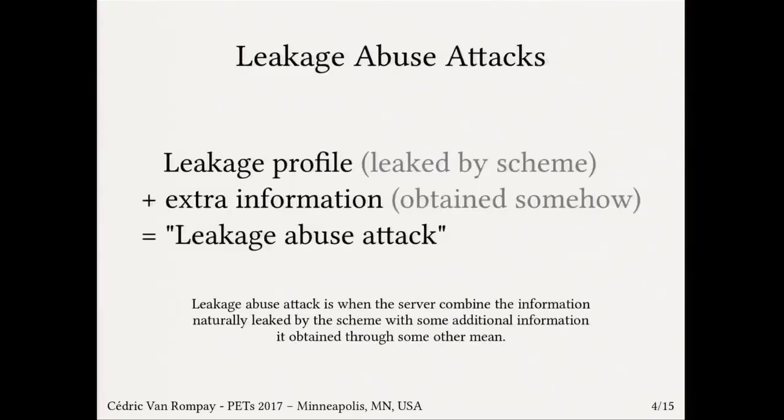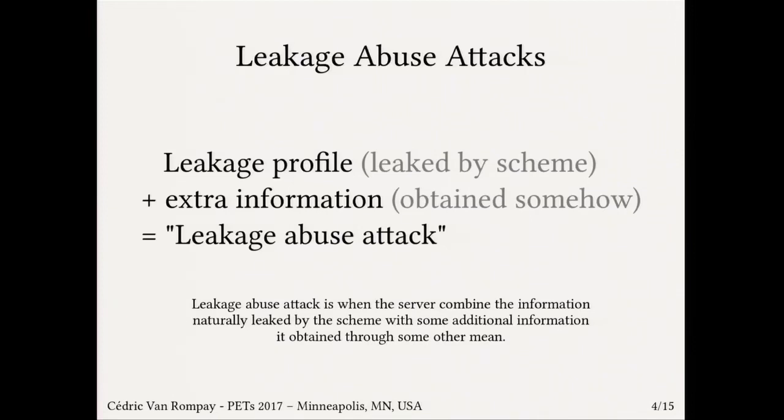The attack that we present is what we call a leakage abuse attack. The term was coined by Cash et al. in their paper at CCS 15, and I'll often refer to this paper during the talk. A leakage abuse attack is an attack where the server combines some information that is naturally leaked by the searchable encryption scheme, that's called the leakage profile, with some extra information that was obtained by some other means by the server.